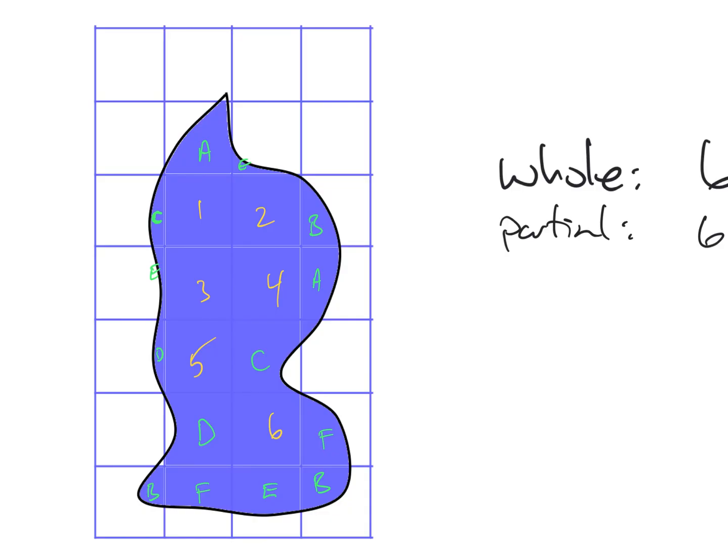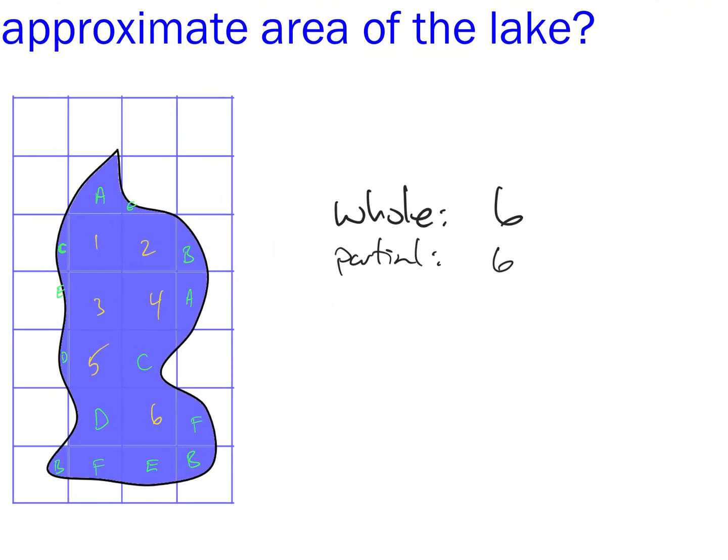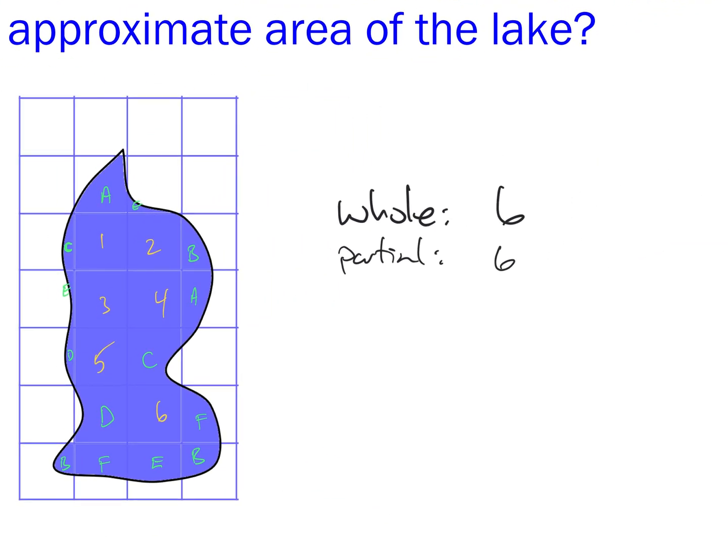You should never get the whole grid squares wrong. That should always be right. There's a little bit more interpretation when you're working with the partials. So if we have 6 whole and 6 that are made whole with partials, altogether that adds up to be 12 kilometers squared.